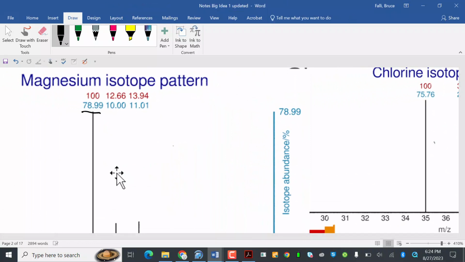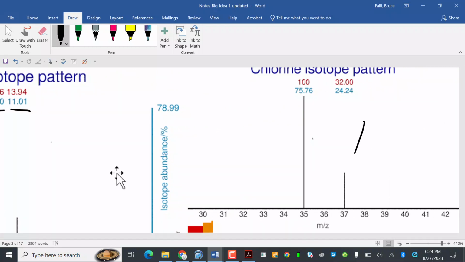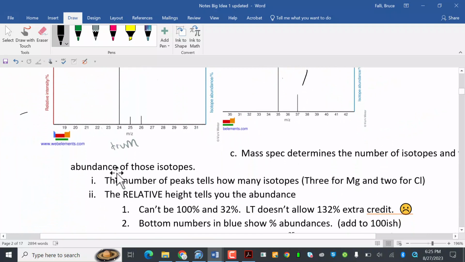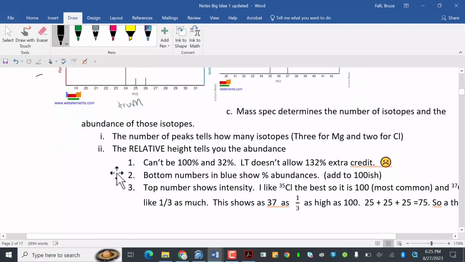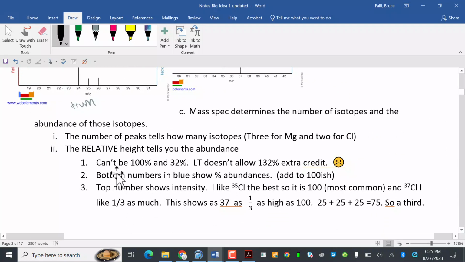This is my percent. 78, 10, and 11. I said they were the same, but the intensity is 112, 13.94. Over here, my percentages, 75.76, 24.24. See how those add up to 100? All right. The top number shows intensity. I like chlorine the best, so it is 100. It's the most common.